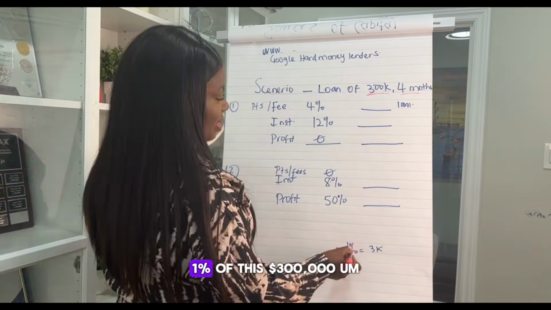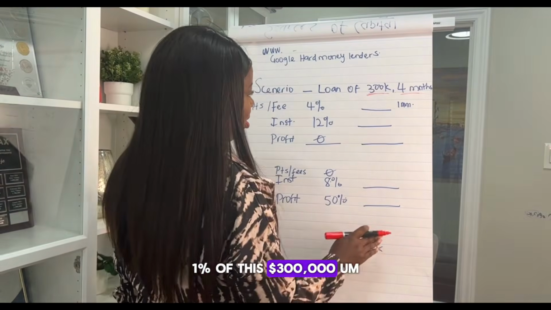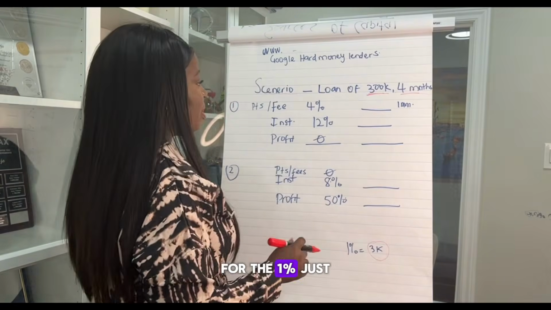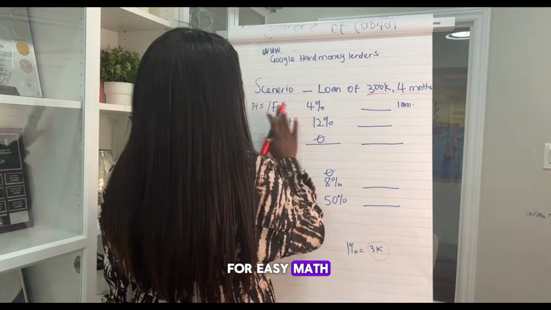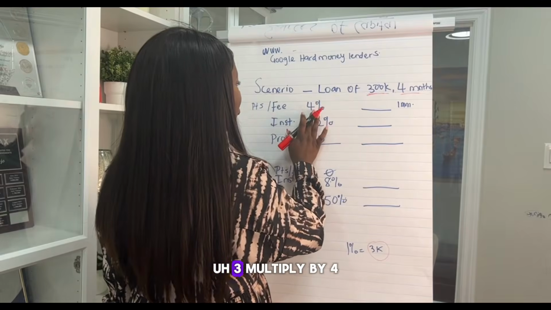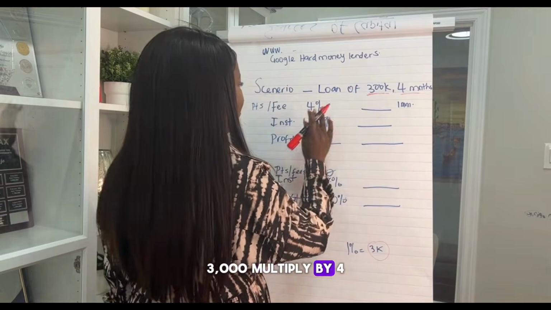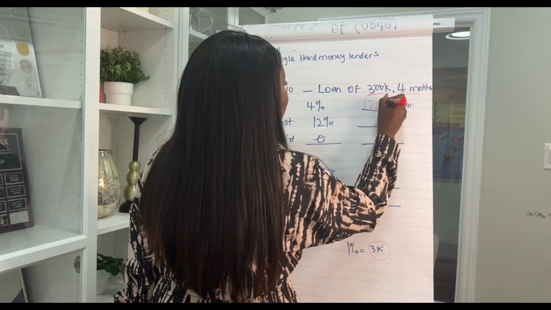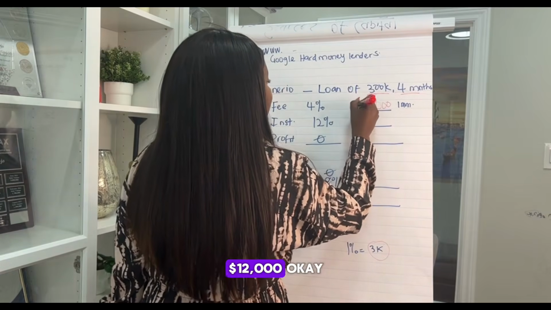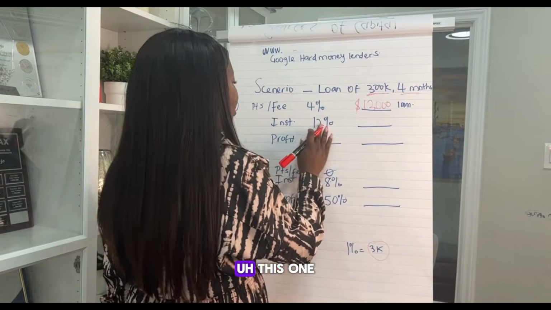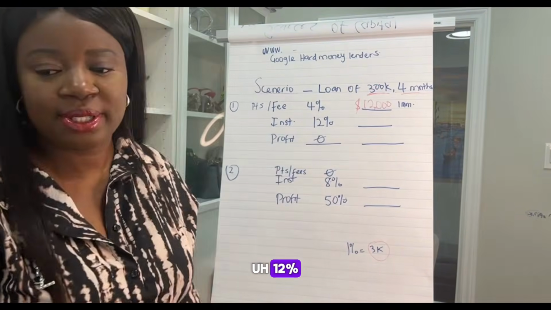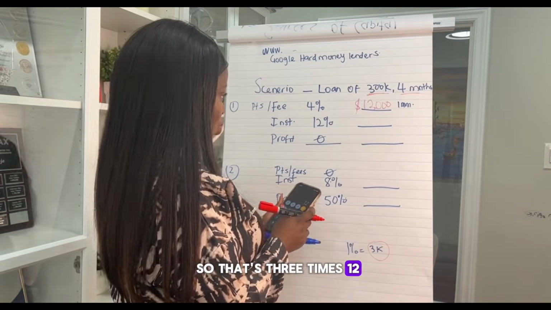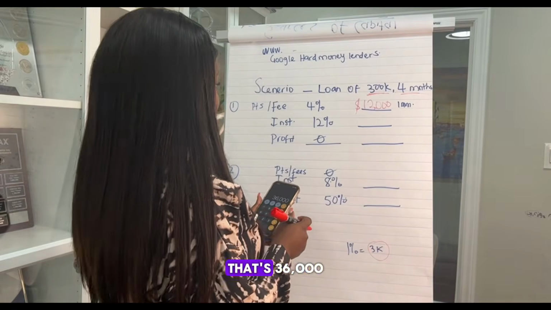So 1% of this $300,000 is about $3,000, for easy math. If you say 3,000 multiplied by 4, this is $12,000. This one, 12%, how much is that? That's 3 times 12, that's 36,000.